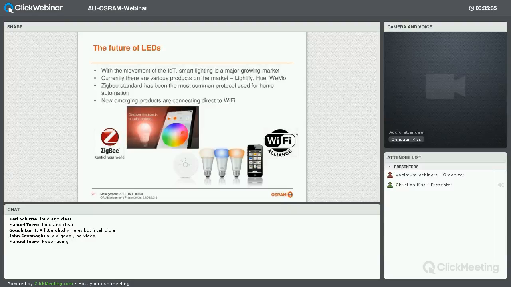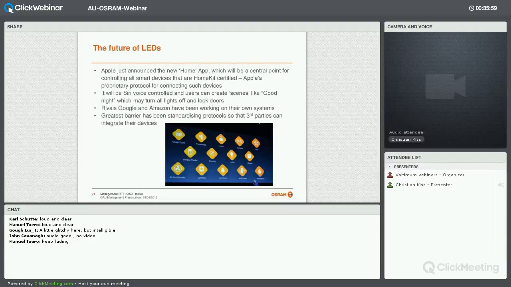They should be interchangeable, interoperable. New emerging products are starting to also come about where they're just connecting direct to Wi-Fi. So in effect, they're sort of cutting out the gateway or bridge device, which is kind of the Zigbee main controller there. That's some of the things happening currently.